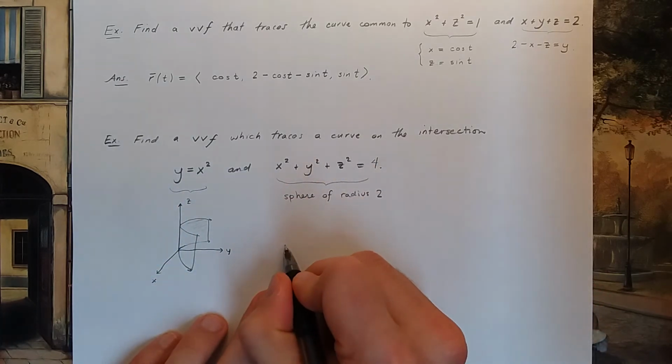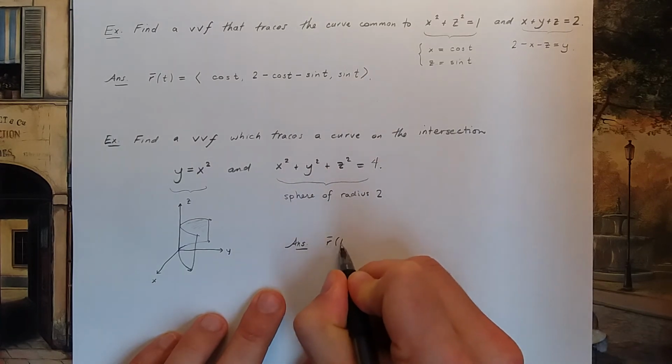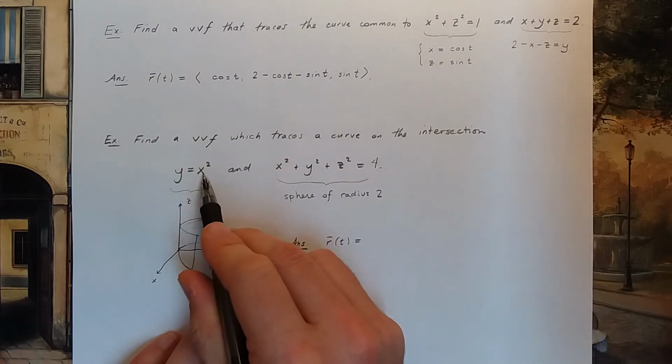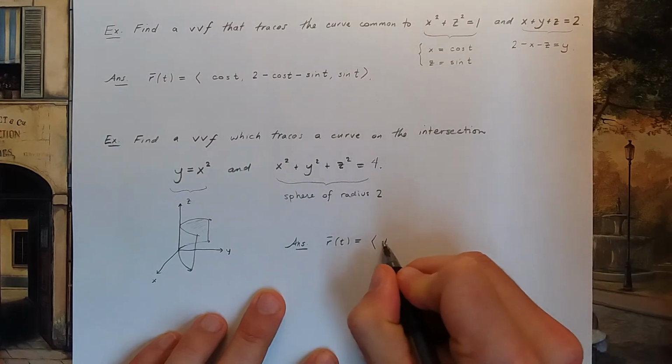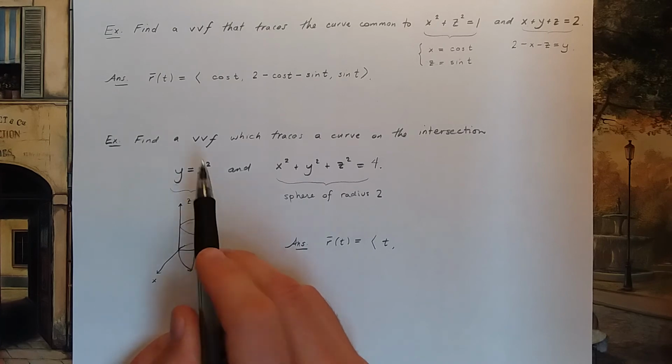Okay, so here's my answer. Here's what I'm going to do. I'm going to take x to be t. So I'm just going to let x equals t. If x is t, then y is t squared.